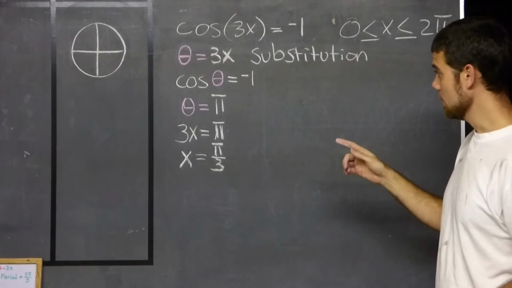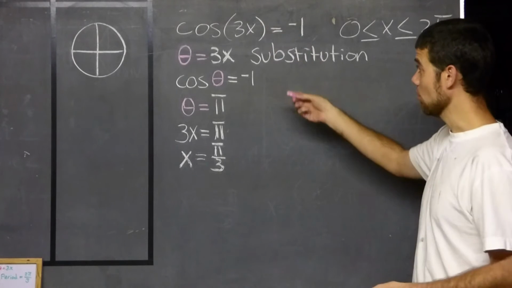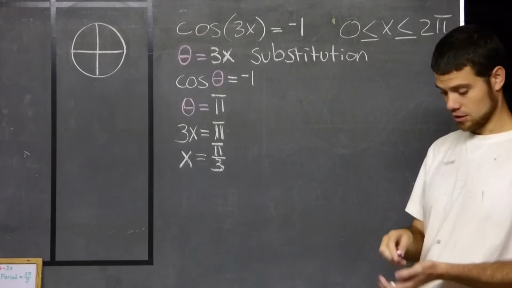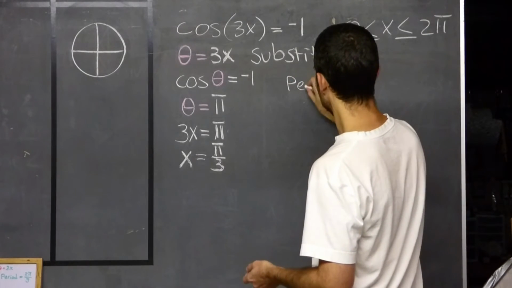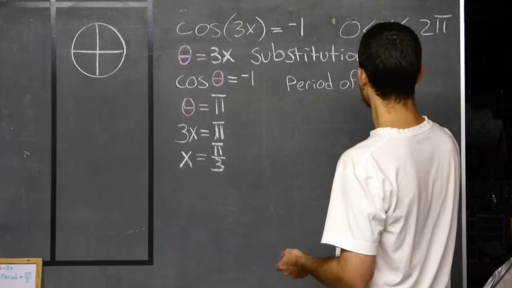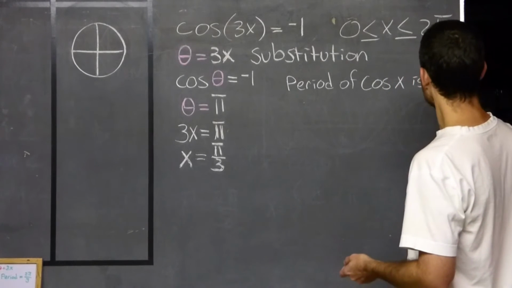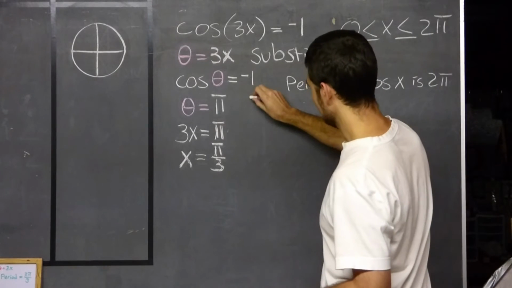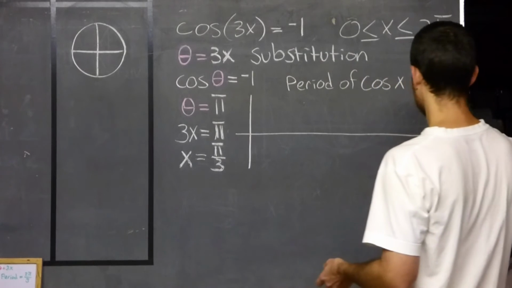Now, what we're going to do is think about the period of our original function. So we know the period of the parent function cosine of x, the period of cosine x is 2 pi, and we'll make a graph of that.